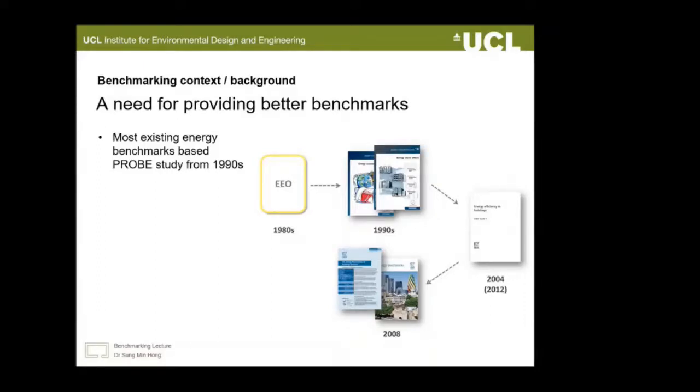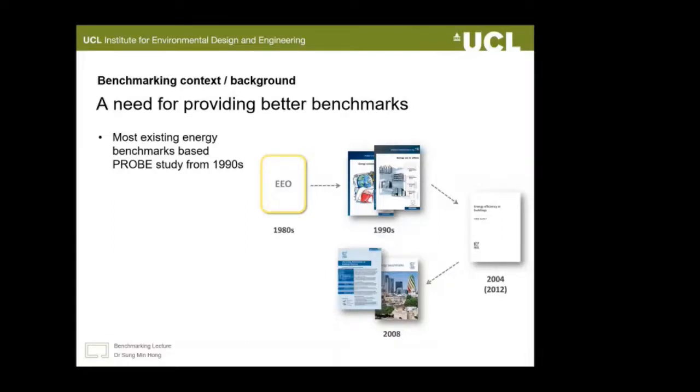Numerous existing energy benchmarks were consolidated into a single document by CIBSE in the form of CIBSE Guide F, which was later edited or updated in 2012, but the benchmarks in it, in chapter 20, for example, remain the same.